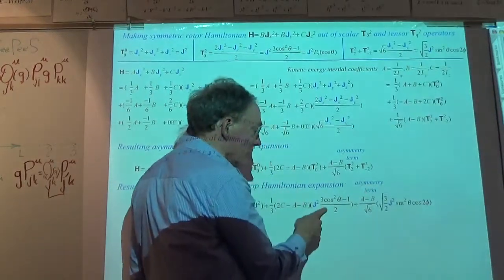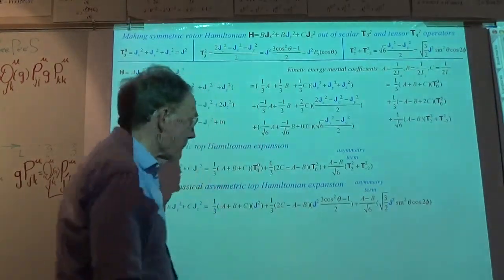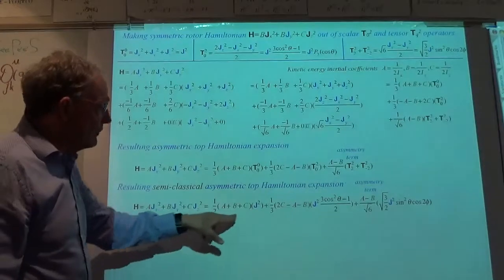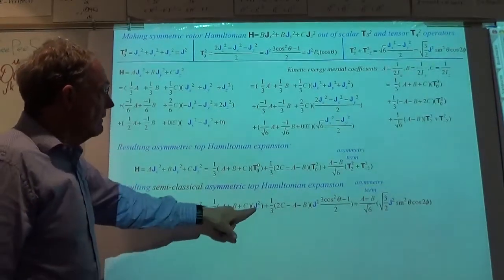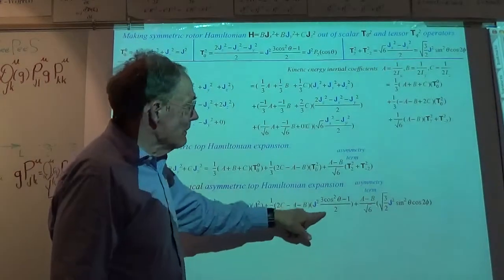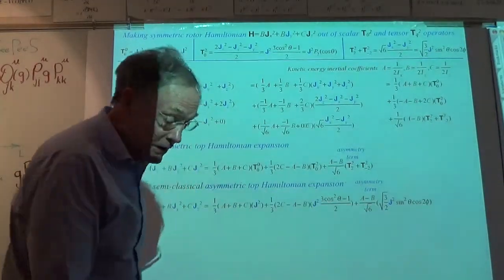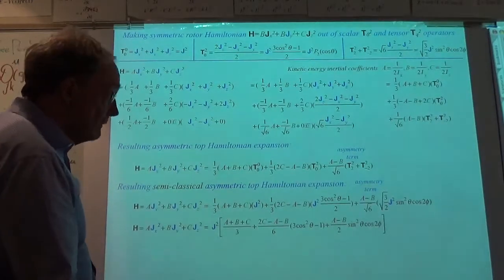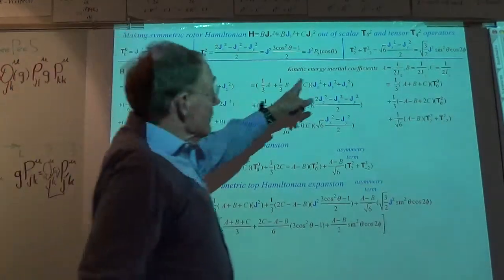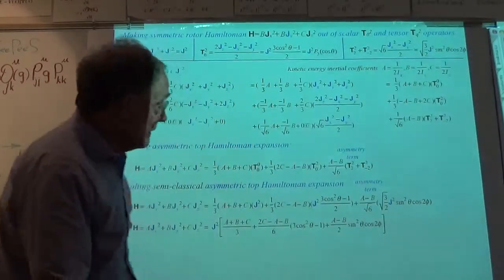I just have a Legendre polynomial, and some extra radius. That's the scalar part here. And this is the tensor part. There's the asymmetric tensor part right there. So that's the general case of a rigid rotor with these inertial coefficients.